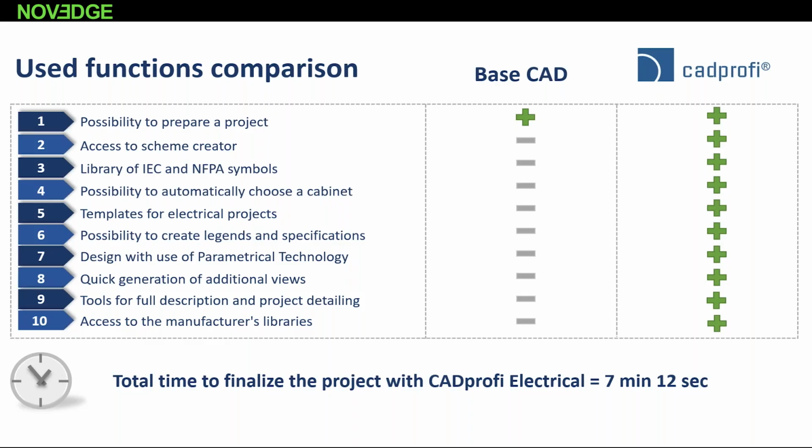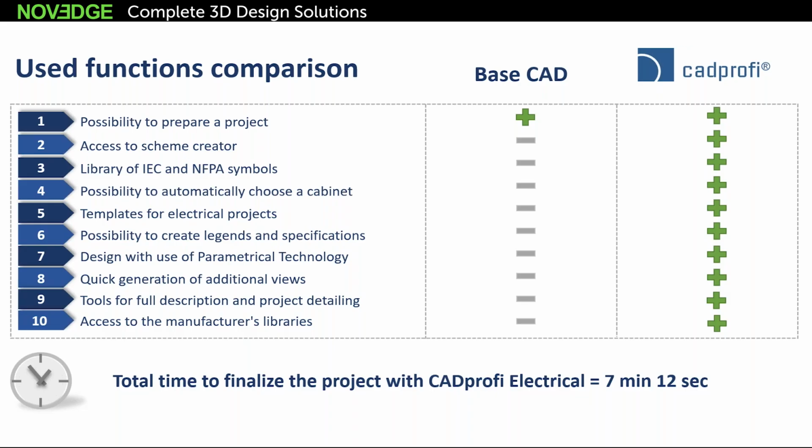Actually, before the meeting, we were debating how in an hour to show you all the possibilities of CADprofi Add-Ons, and we decided to record the most important functionalities of CADprofi and possibilities of our software.